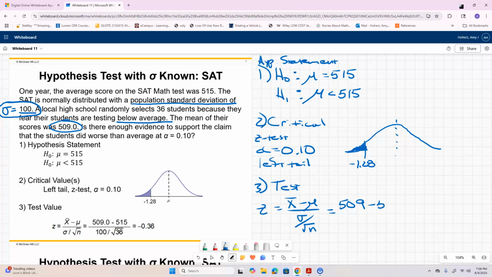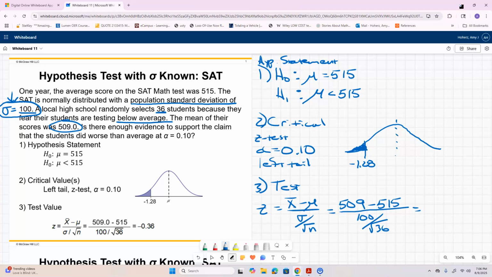The population mean was 515. The sigma is the 100. And then for the square root of n, there were 36 in the sample.